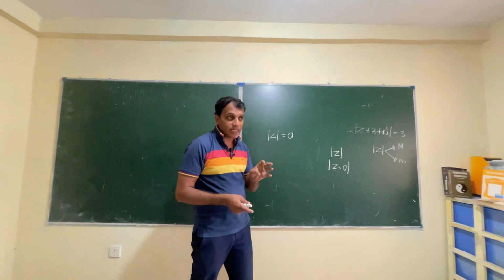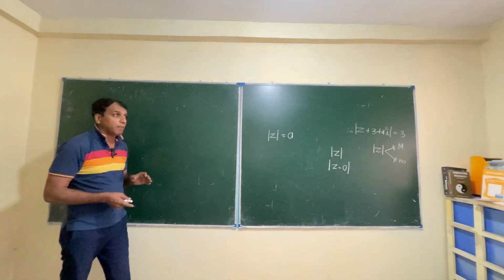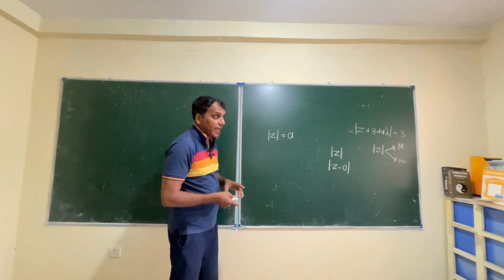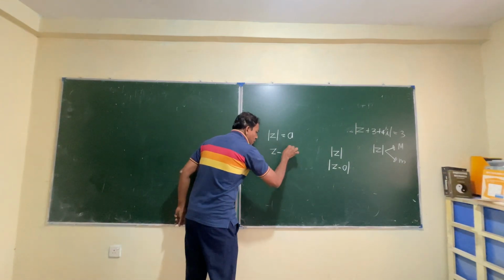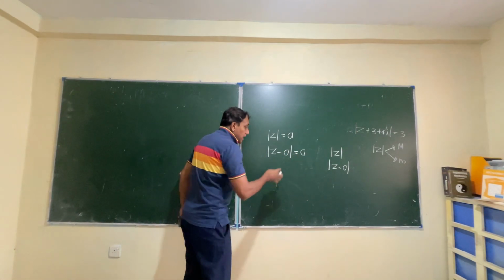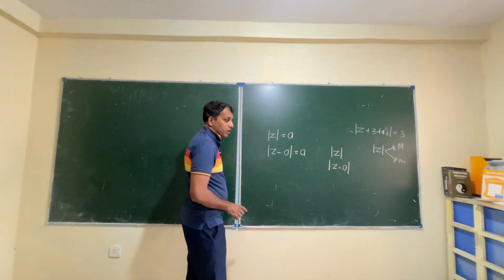Mod z equals a means a circle in the complex plane, center origin, radius a. Or I can also show this another simple way, like this: center here, radius, circle.